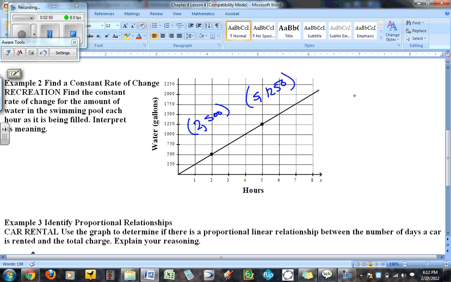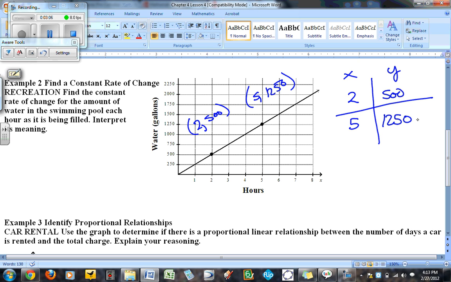Or we could have written this in a table. After 2 hours, we have 500 gallons, and after 5 hours, we have 1,250 gallons. We could do it the exact same as we did our other table.